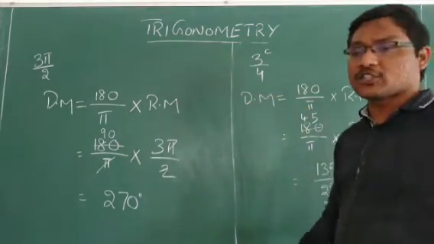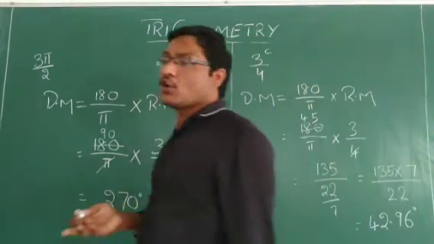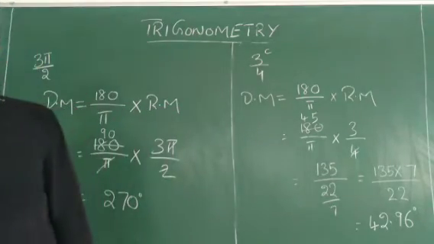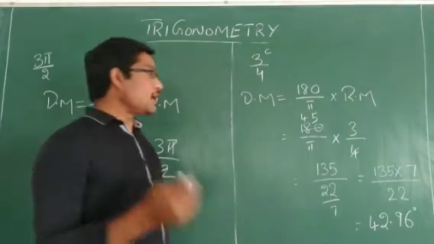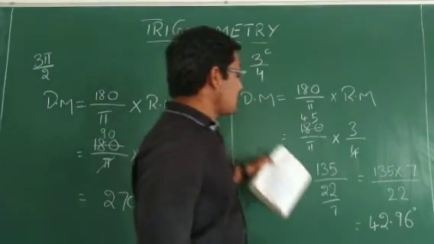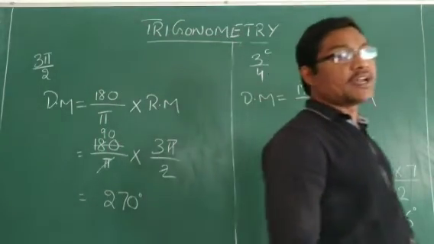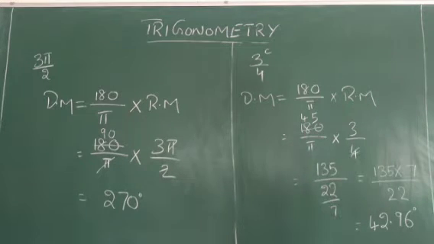Because in circular measure, the answer should be given in terms of pi. But in degree measure, we should not get pi in the answer. So that is the difference between the degree measure and the radian measure.